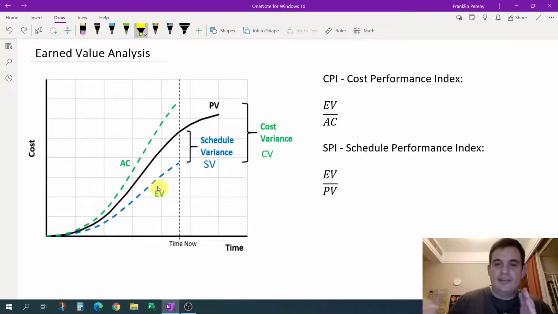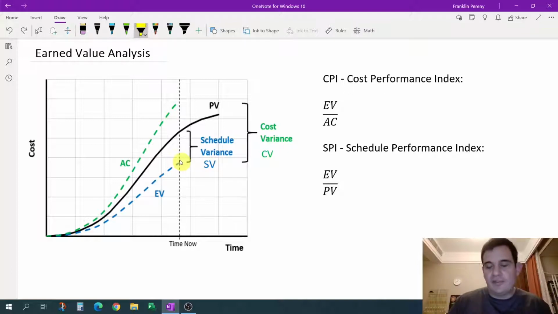So, just as an example, if it's $1,000 per mile and you have a 10-mile road in your project, of course, that's $10,000. And what earned value means is that for every 1 mile that your project completes, you have earned $1,000 worth of work.